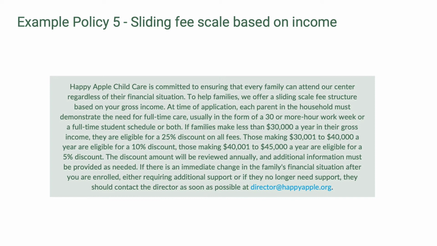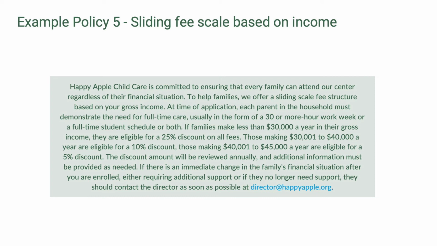The discount amount will be reviewed annually, and additional information must be provided as needed. If there's an immediate change in the family's financial situation after you're enrolled, either requiring additional support or if you no longer need support, you should contact the director as soon as possible.